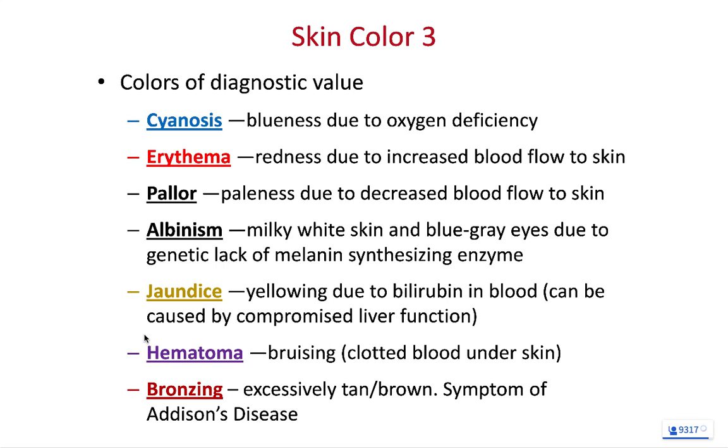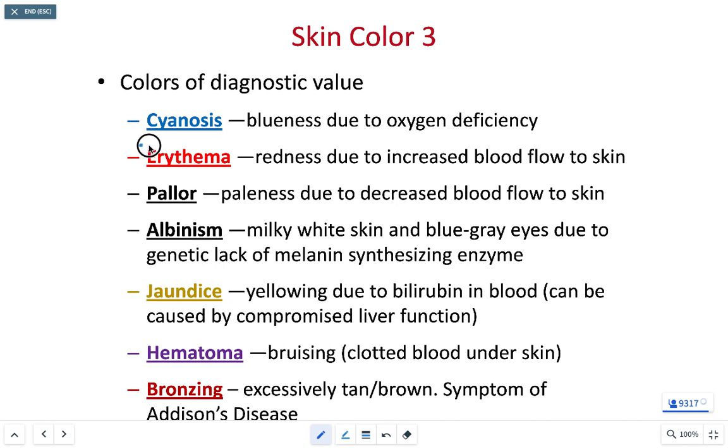We also could have erythema. And this has the root word eryth for erythrocyte or red blood cell. If you have lots of erythrocytes or red blood cells near the surface of your skin, you look really red. Erythema is usually associated with overheating or strong emotions. We also could have pallor, and I wanted initially to go with white font for pallor, but white on white is hard to read.